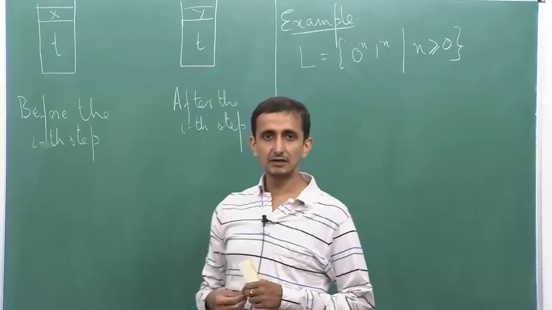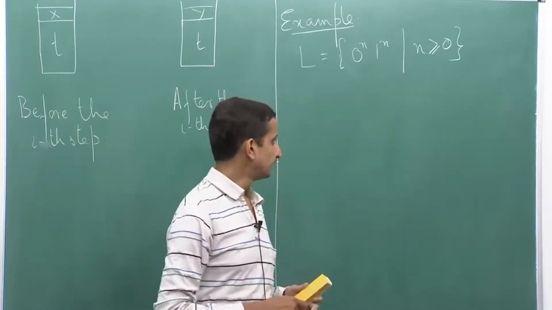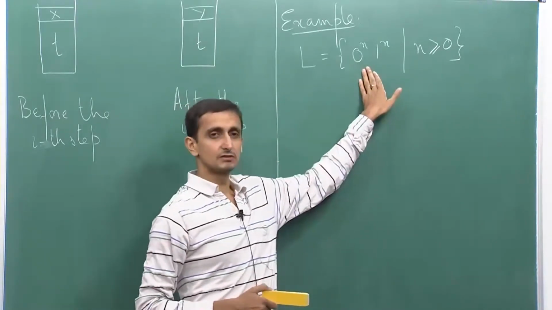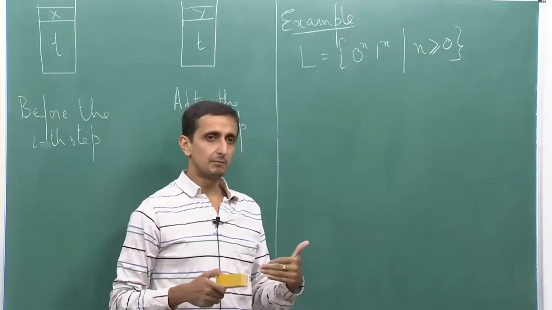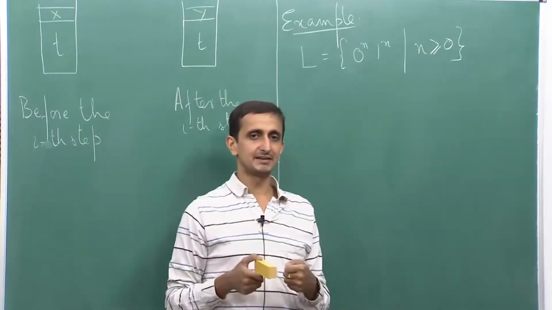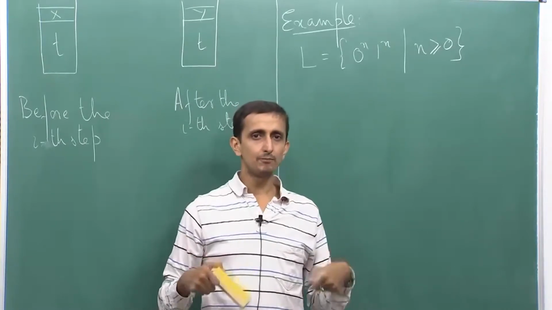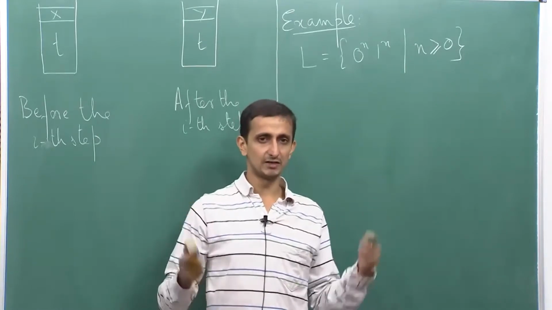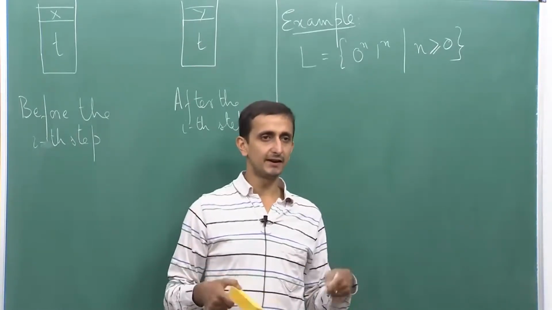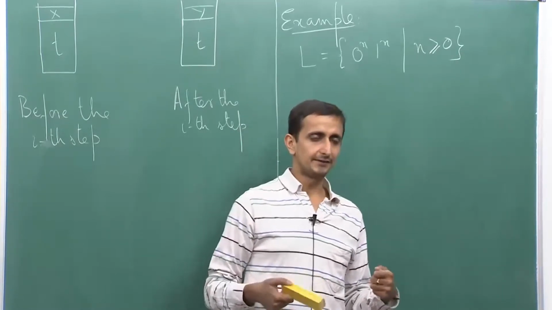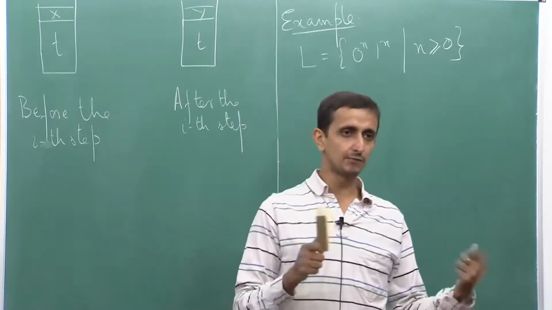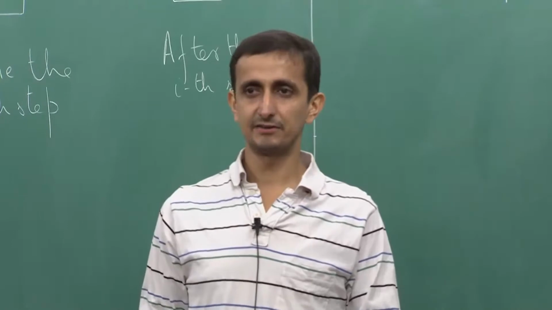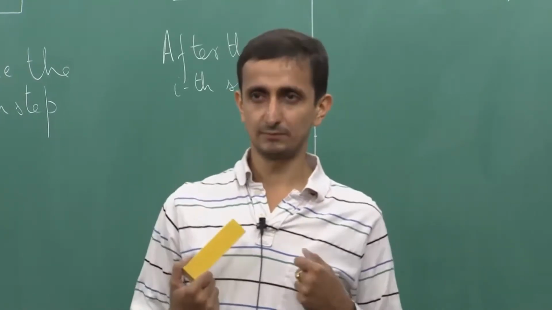Whenever it reads zeros, the push down automaton will be at a certain state, let us say some state p, and it will push some symbol onto the stack, let us say the symbol A. For each 0 that is read, it will keep on pushing A's, and the moment it sees the first 1, it will move from the state p to some other state, let us say q, and it will start popping out A's from the stack.